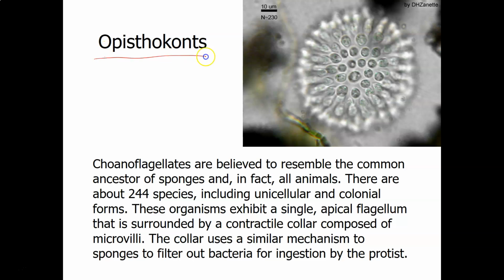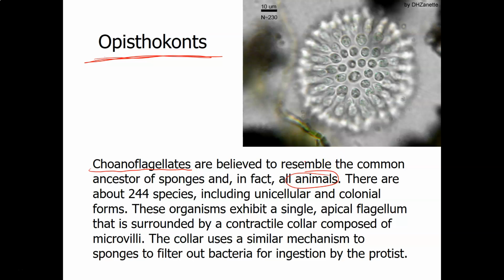And I believe this is our last supergroup in our slideshow, the epistoconts or the epistoconta. Probably the best example in this group are the choanoflagellates. But fungi and animals are in this supergroup as well.